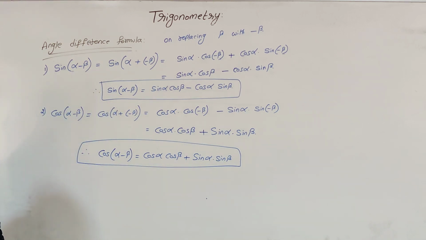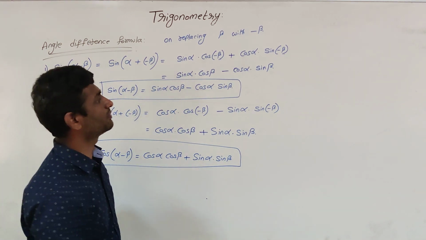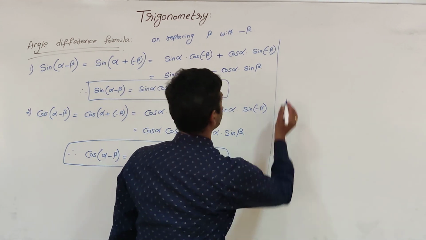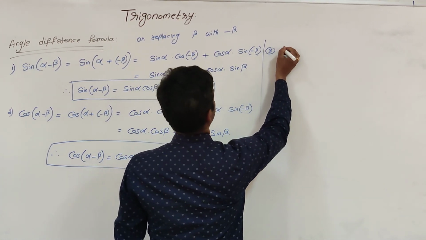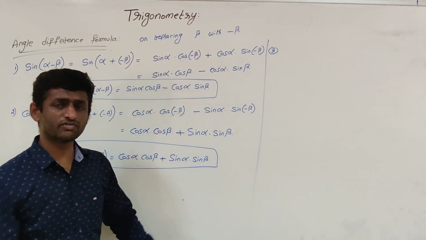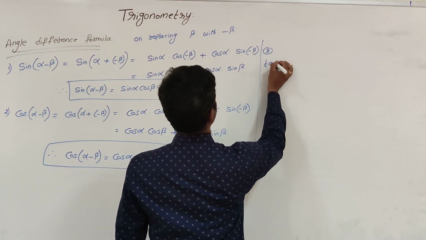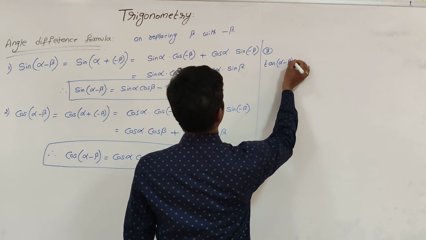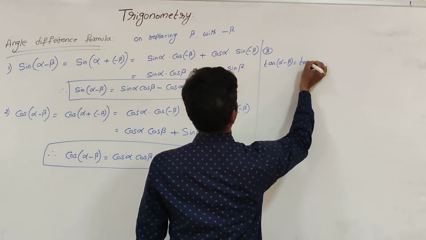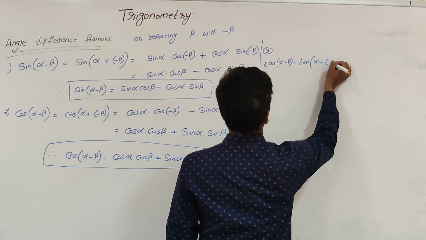Next, we'll go for tan of alpha minus beta. So tan of alpha minus beta is tan of alpha plus of minus beta.